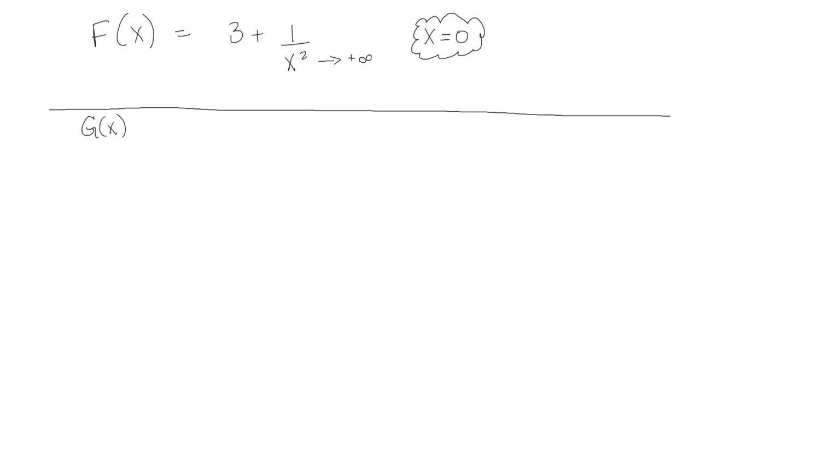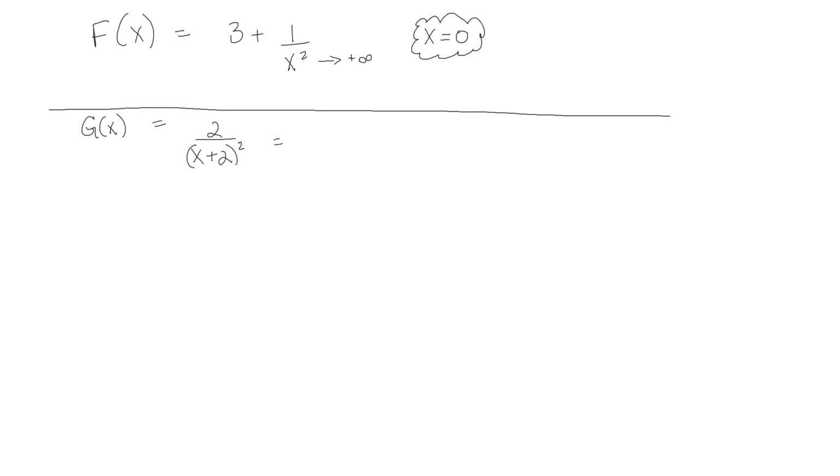Remember, I can call my function whatever I want: g of x, w of x, x of x. That would be weird, but I could do it. So what do I need to do to make my denominator a 0, but not the numerator?